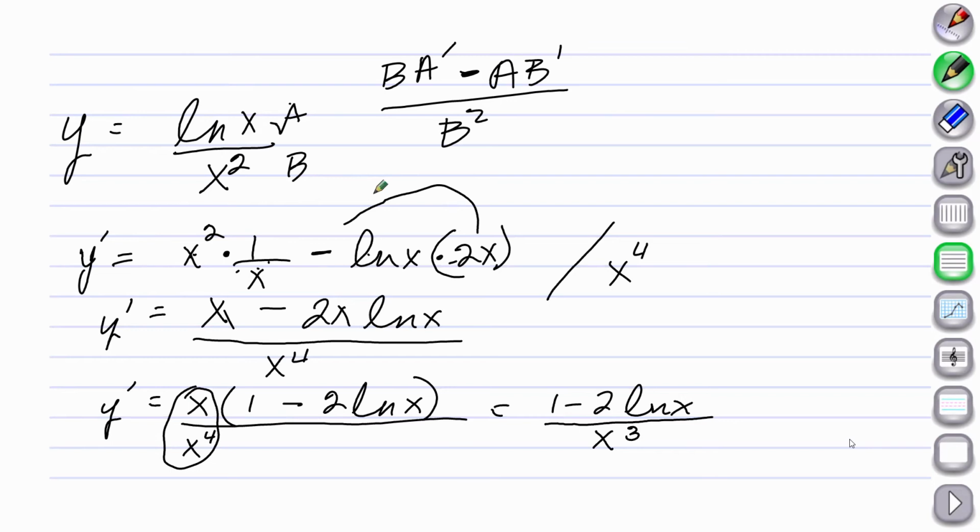And then I factored out the x and reduced it. So again, this is just the algebra part here. I mean, the calculus part is here, and then this is the algebra stuff.